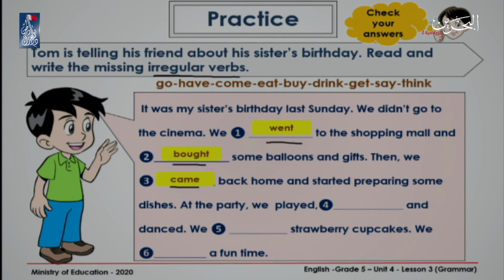At the party, we played, sang, and danced. We ate strawberry cupcakes. We had a fun time. Were your answers correct? Good job!